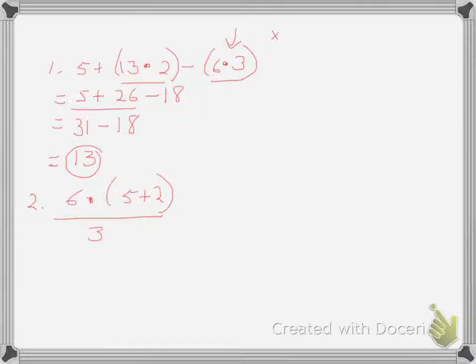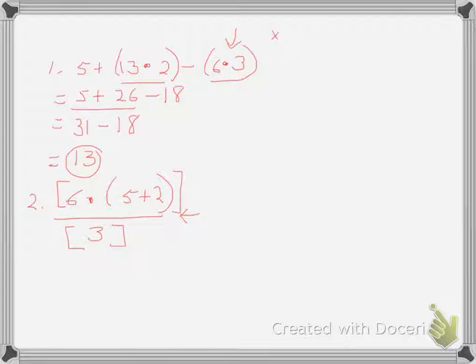Remember, for this problem, I told you that we do consider the fraction bar as a type of grouping symbol, so I need to do everything above, everything below. In this case, there's nothing to do below, and then do the division.